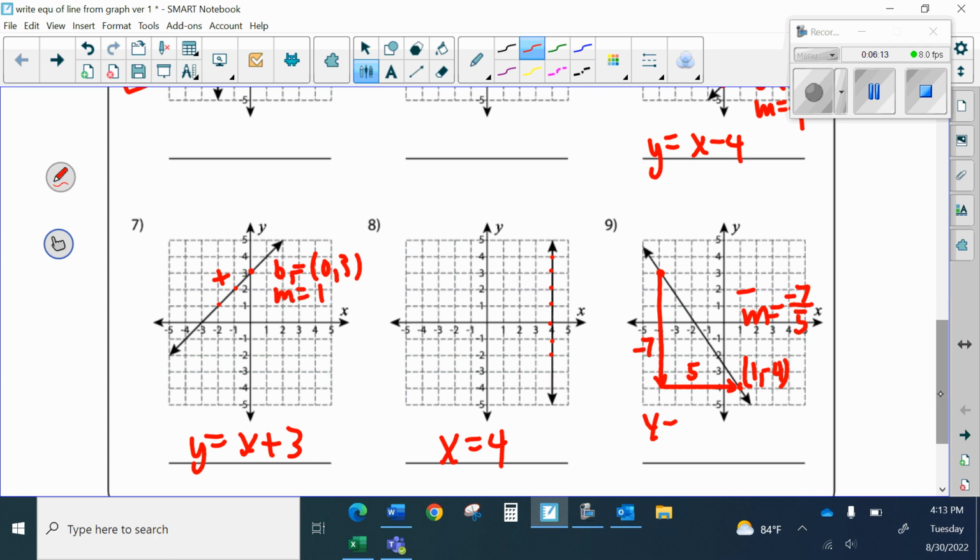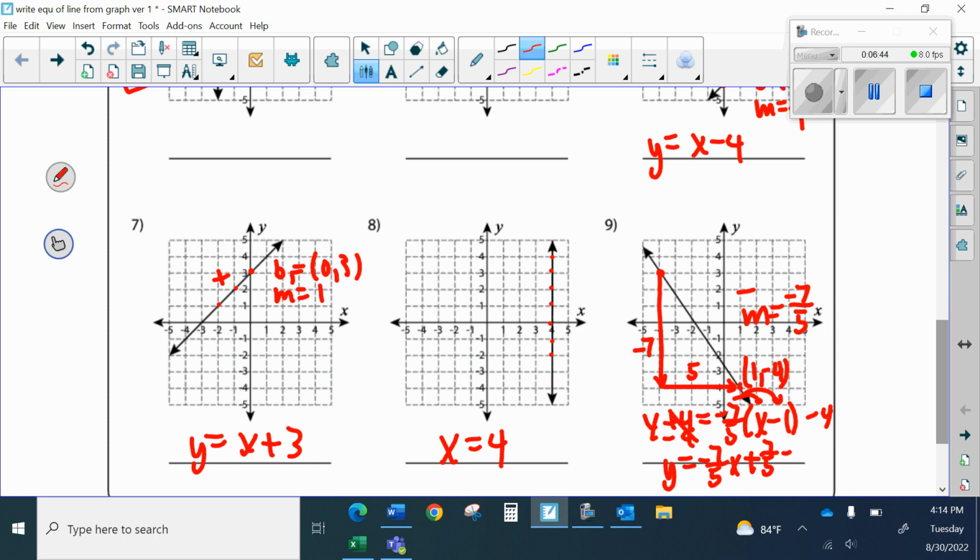Y minus the y value, y minus -4 makes it +4, equals the slope -7/5 times x minus the x value 1. Then I'm going to distribute that -7/5 through there. And then I'm going to subtract the 4 across afterwards. So y equals -7/5 x. A negative times negative is +7/5.